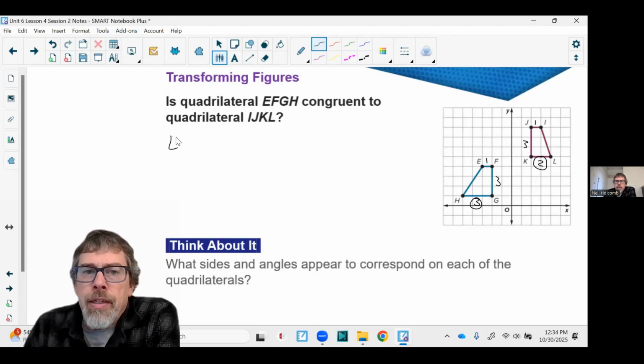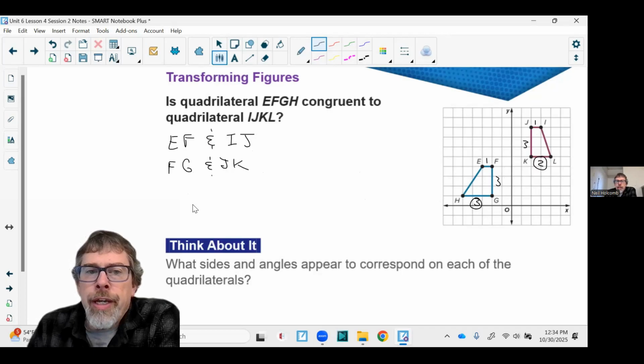So what sides and angles appear to correspond to each other on the quadrilaterals? Well, EF and IJ, FG, and you've got to go in the same order, top to bottom, J to K, GH, and KL, and finally HE and LI.